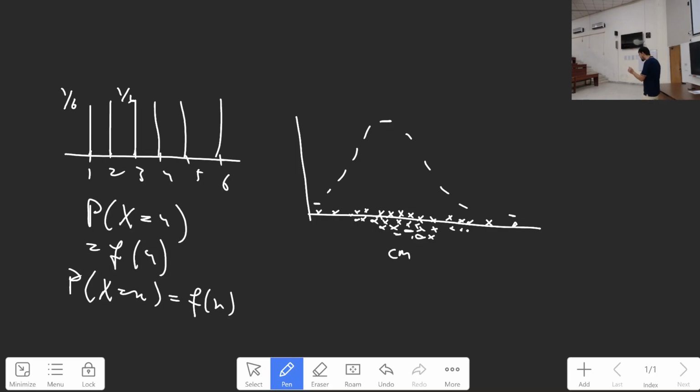Yes, so in reality we are often interested in talking about ranges, and for continuous random variables, what we can do is talk about, okay, what's the range?